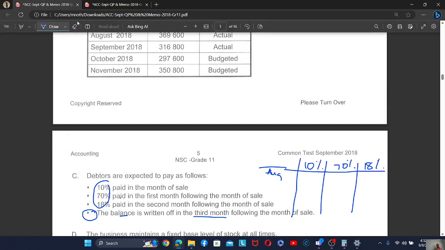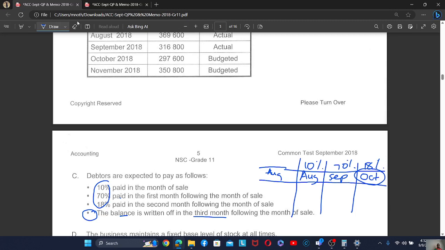If August is a month of sale, it means that 10% will be paid in August. And after August, we have September, and then October. The month that you are doing for is October.